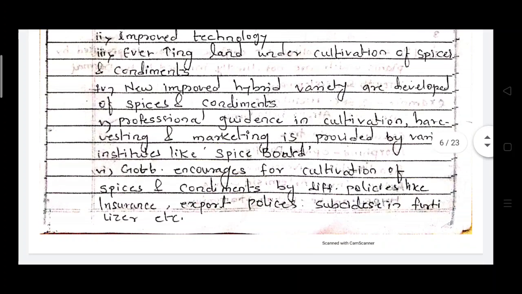Then there will also be a need for professional guidance in cultivation, harvesting and marketing, provided by various institutes like the Spice Board. Normal farmers have no idea about the value of spices and condiments, and they are not growing these types of plants.